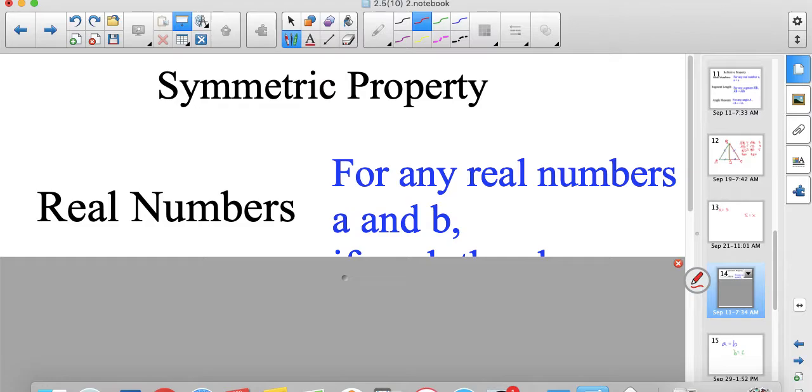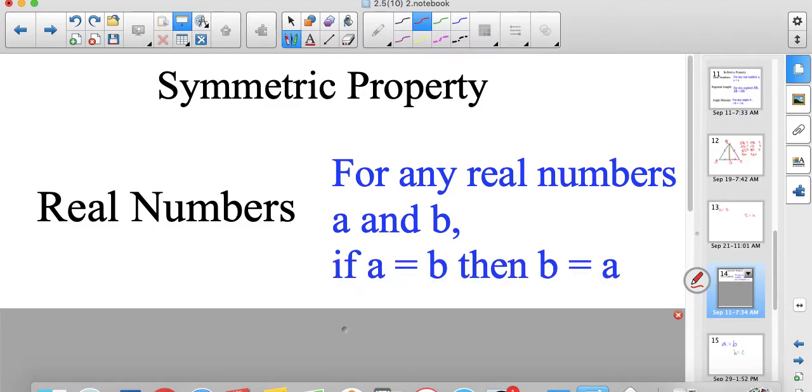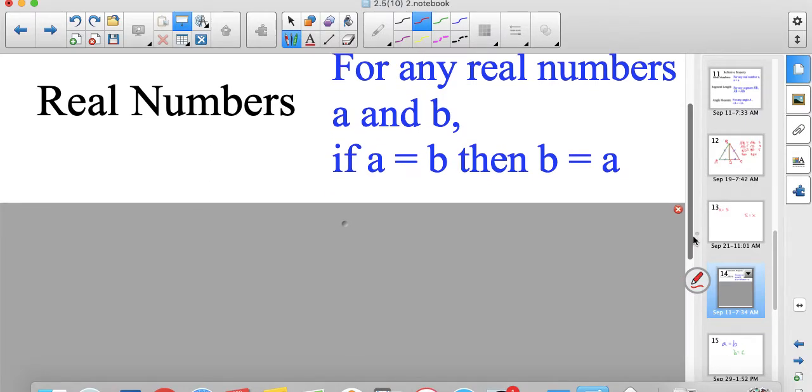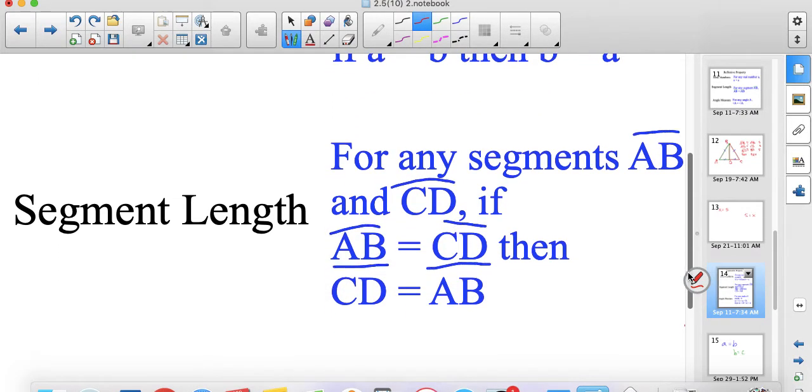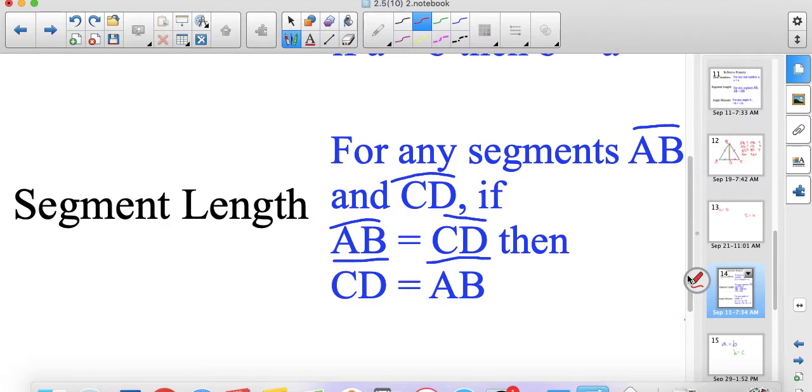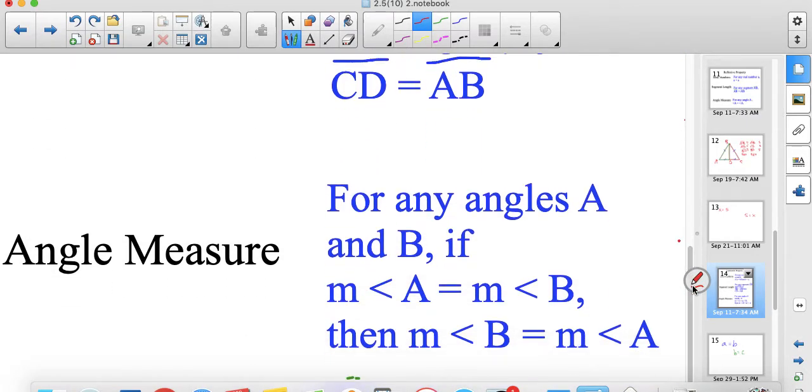If A equals B, then B equals A. It works for your segments. If segment AB equals segment CD, then segment CD is equal to segment AB. And finally, it works for your angles. If angle A is equal to angle B, then angle B is equal to angle A.